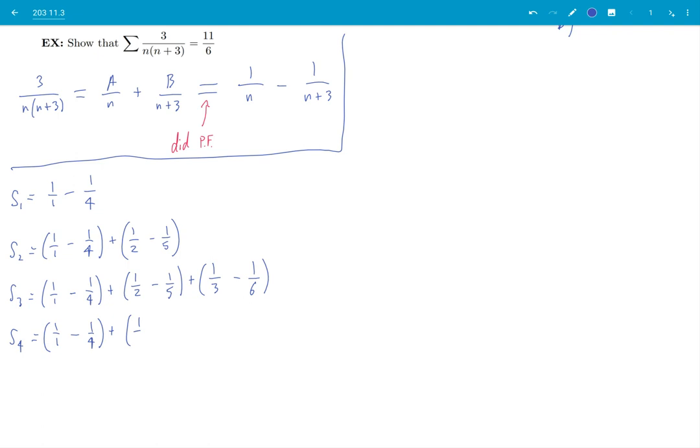Yes, tedious, really tedious, but I think it's all going to pay off right now. Next term is 1 over 4 minus 1 over 7. And if I'm paying attention, I will notice a cancellation. This term, minus a quarter, cancels with plus a quarter.